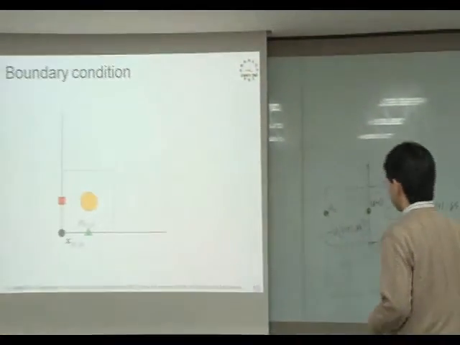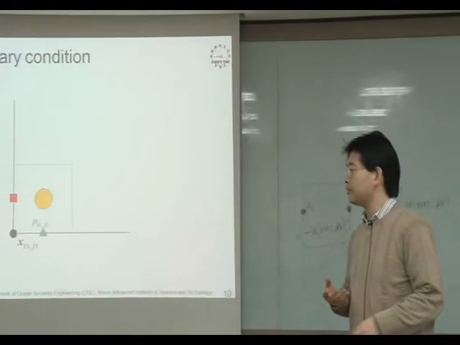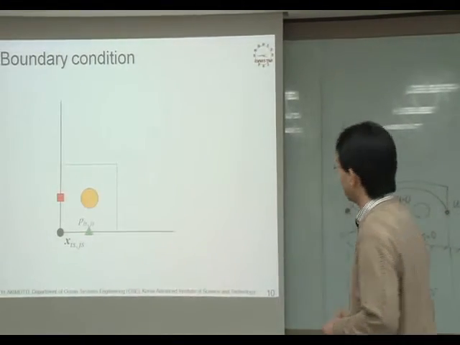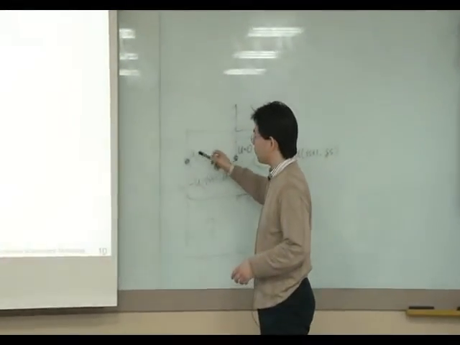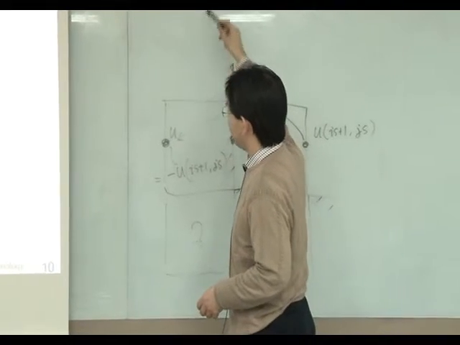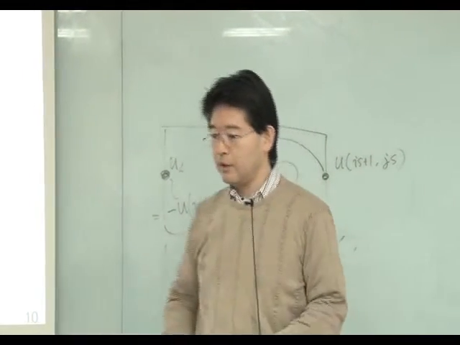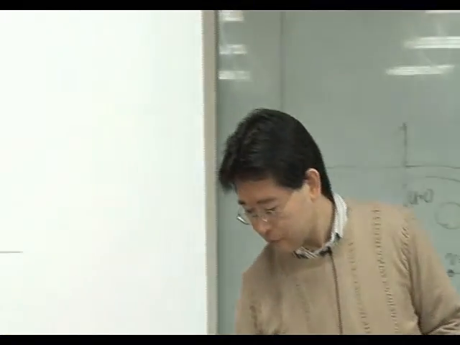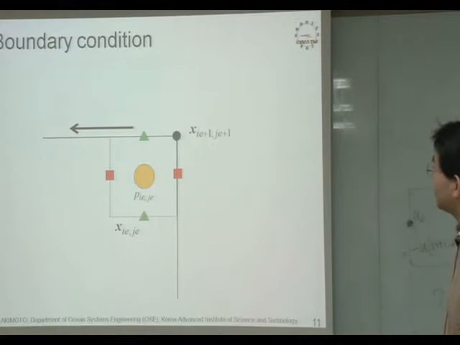I will discuss how to treat the actual boundary condition in the programming. This treatment will be in a loop, because there is a line of control points. The counterpart of this condition is this one.